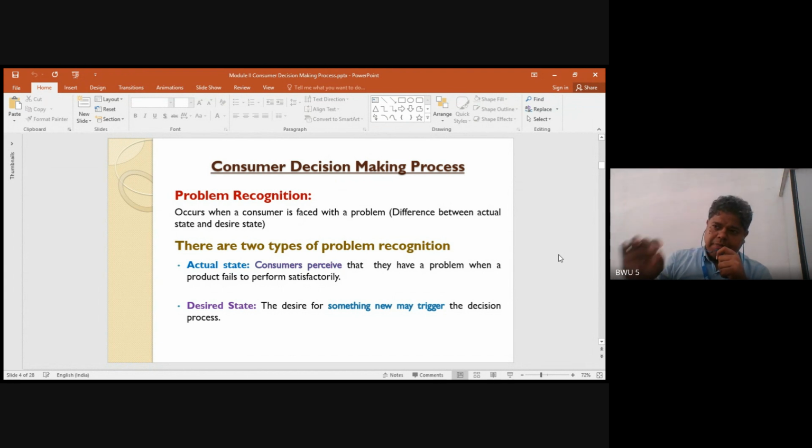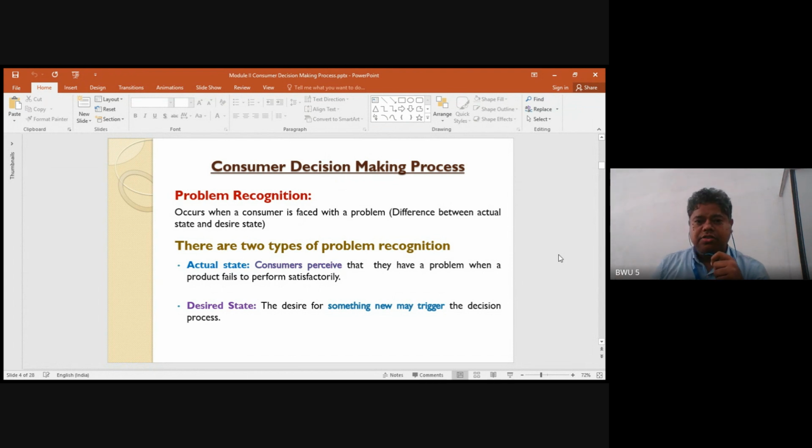You have a product, but it is not able to satisfy you, so obviously you are likely to look for a new one which can satisfy you. This is the actual state which you are experiencing.